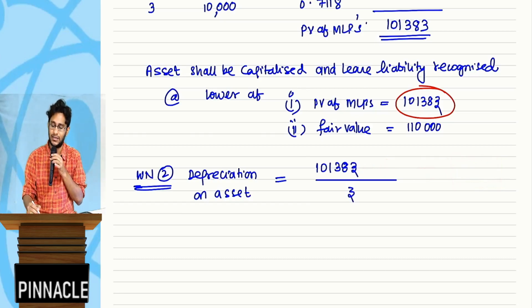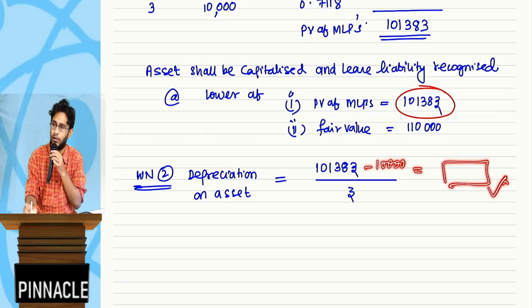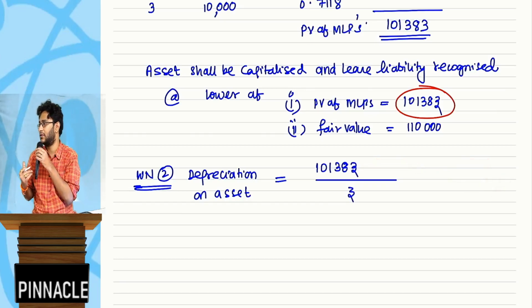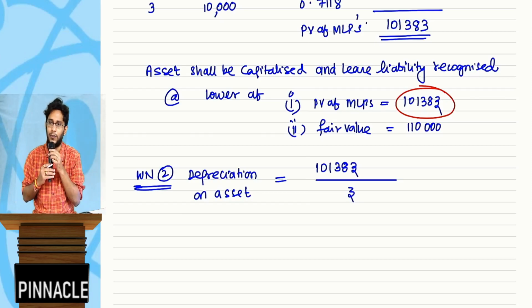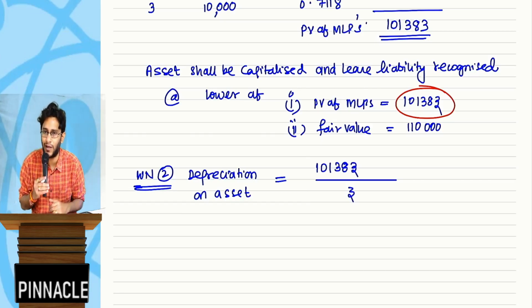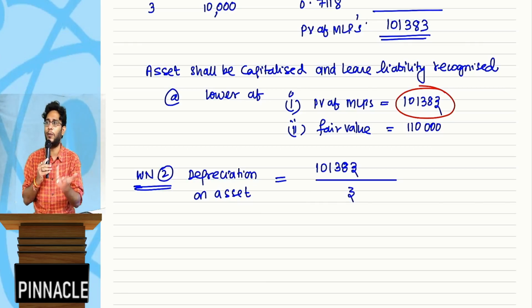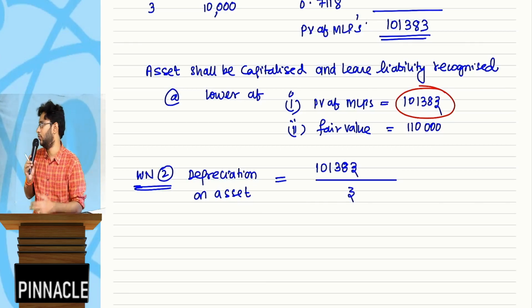But if you believe that asset value will be 10,000 at the end of 3rd year, then this will be the amount of your depreciation. So whether you take residual value into consideration or not depends on what you believe the asset value will be after 3 years. Just because I promised 10,000 does not necessarily mean that I also believe that the value will be 10,000. Maybe I'm willing to pay 10,000 extra. So we can't know that.